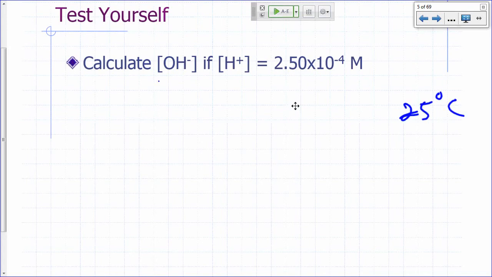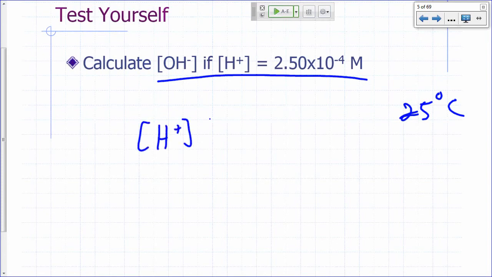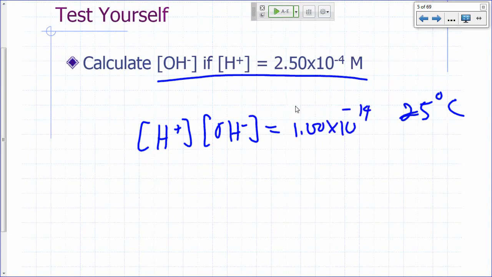So if this is the case, how do I calculate hydroxide? I know H plus times hydroxide equals 1.00 times 10 to the negative 14. How do I solve for hydroxide? Divide both sides by H plus.